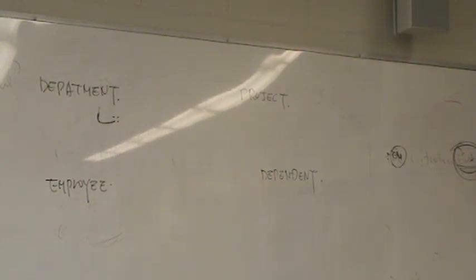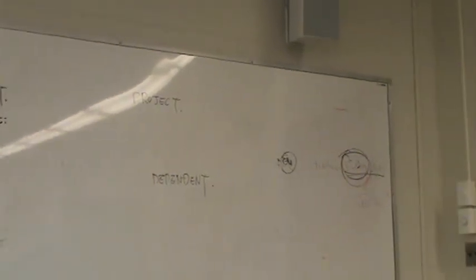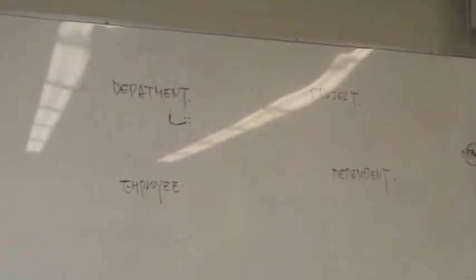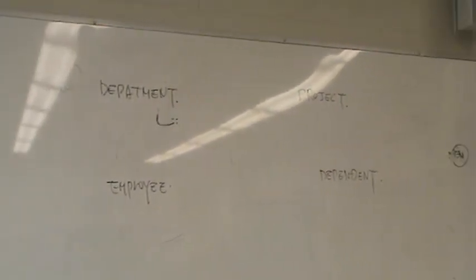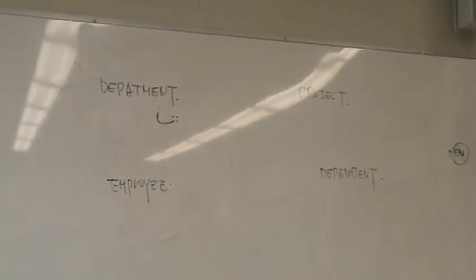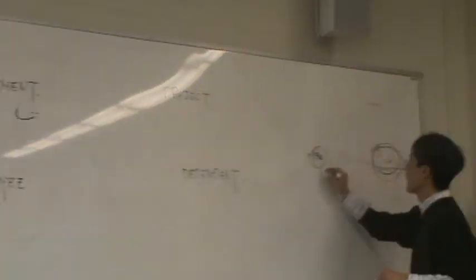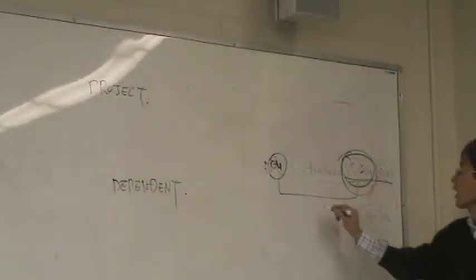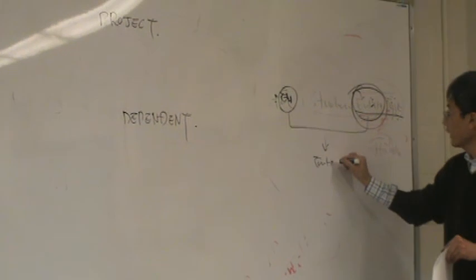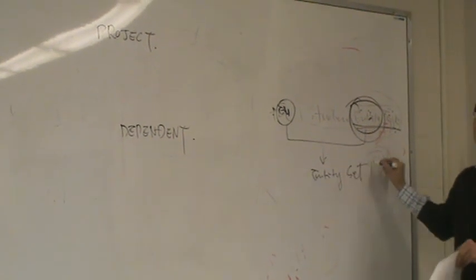Except in your exam. In your midterm or final exam, I'm going to ask the definition of entity type. What is an entity? What is an entity type? You should be able to answer. Except that, entity means entity type. Also, one more thing. Entity plus entity type is called entity set.